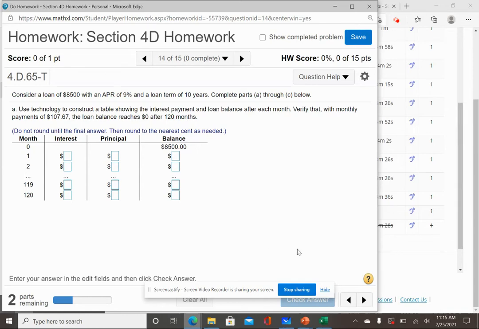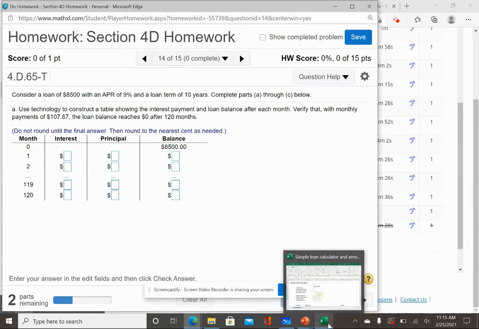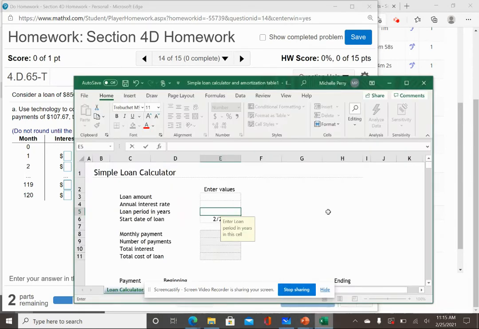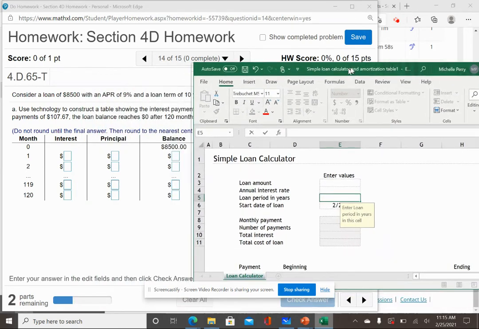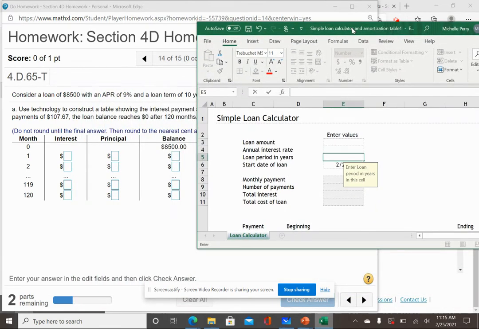There's a little template inside of Microsoft Excel that can help us figure this out. I have attached a file in Moodle that mimics this exact simple loan calculator.